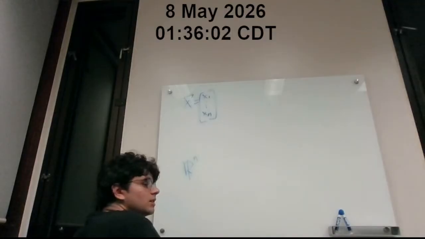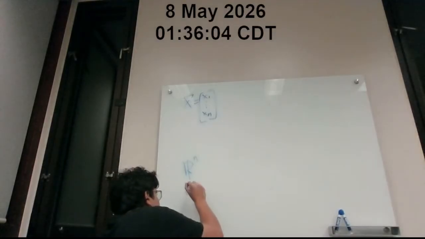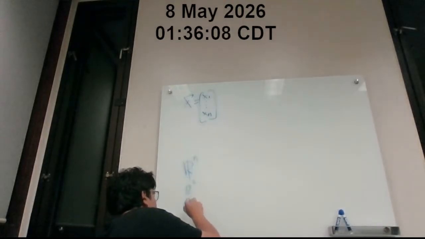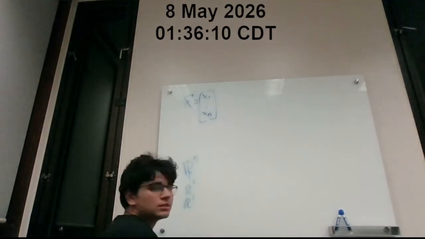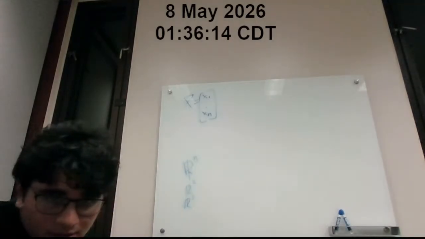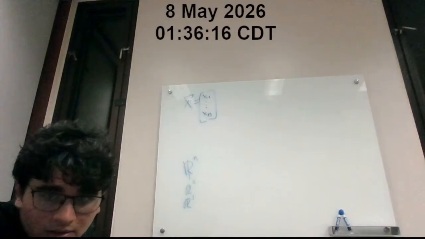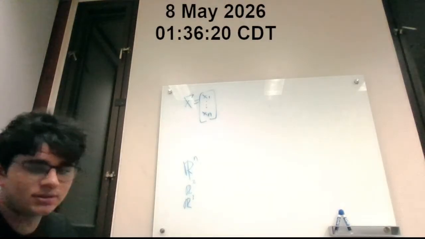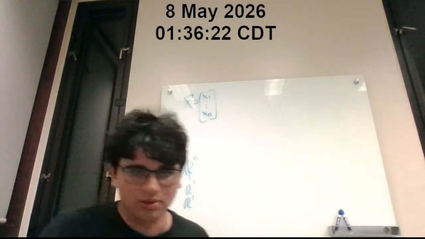For example, R^2 is 2-dimensional with 2-vectors, R^3 is 3-dimensional with 3-vectors, and so on. Does that make a little bit of sense? So, linear combinations of x and y, and vector equations.